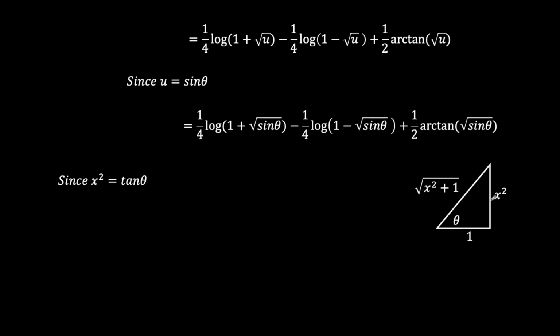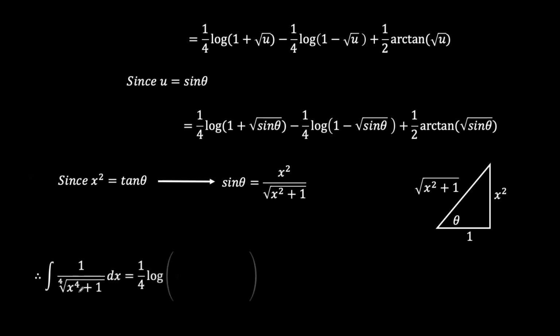Therefore, sine theta, being opposite over the hypotenuse, is x squared over the square root of x to the power 4 plus 1.